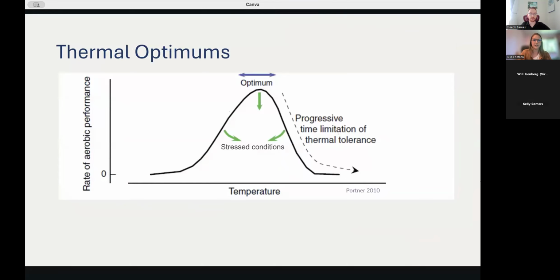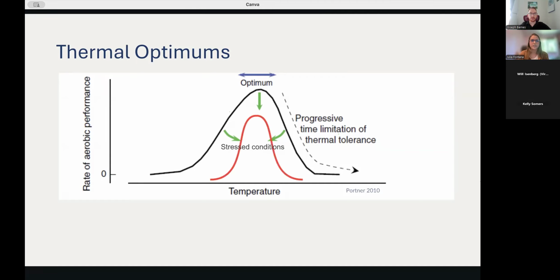And in that vein, aerobic organisms have what's called a thermal optimum. As temperature increases, we're going to have this window in which our metabolic processes are performing at their best. There's a temperature at which we're reaching max capacity of oxygen intake and energy output, going to all these things that we need in our body, such as reproduction, growth, and maintenance.